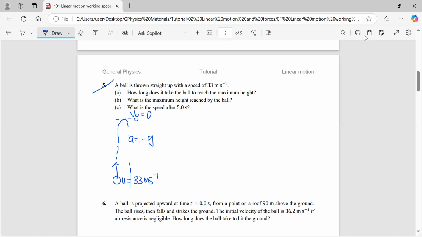There are a few ways you can approach it, but an easier way is to use the formula s_y equals u_y t minus half g t squared. But we don't use this formula because this one is the time taken for the whole flight, when the object returns back to the hand.